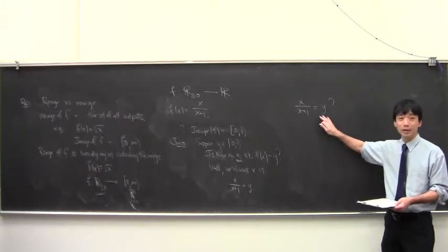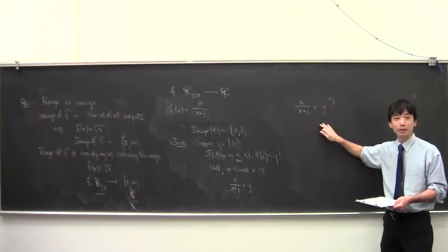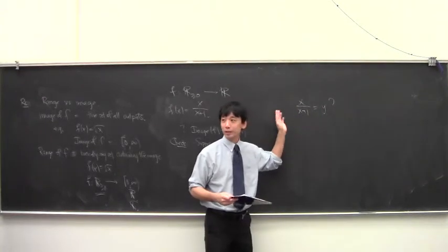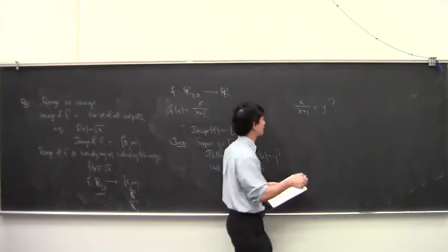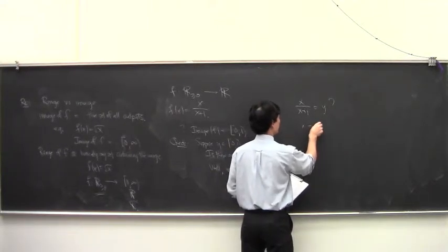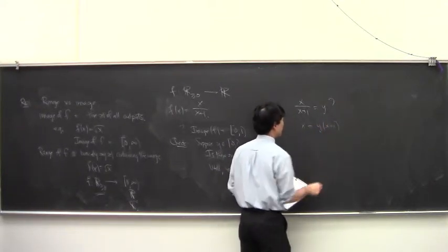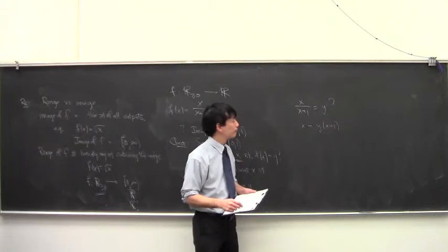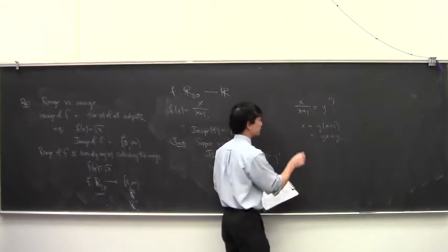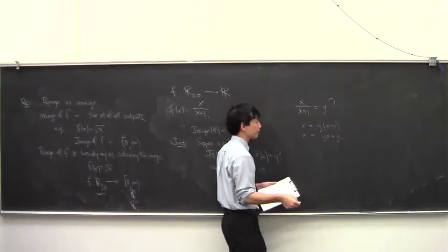Okay. So how do you solve for x? Victor, you had your hand up. Yeah, so you multiply x plus 1 to the other side. Sure. Then you distribute. Take yx to the other side.